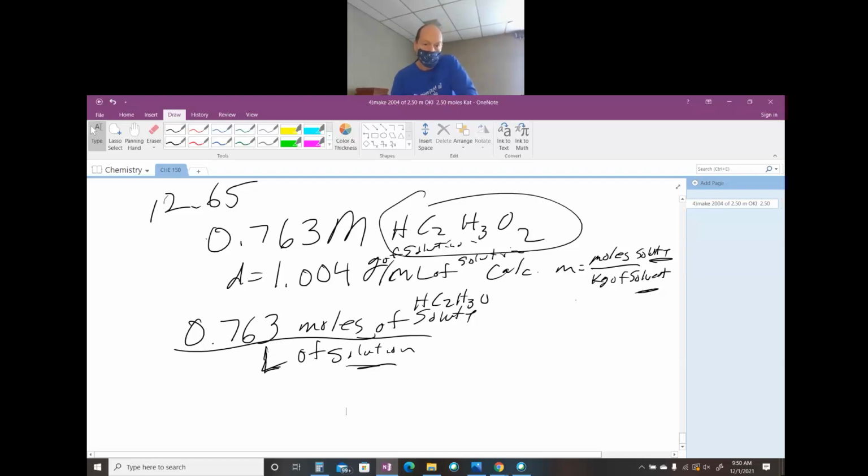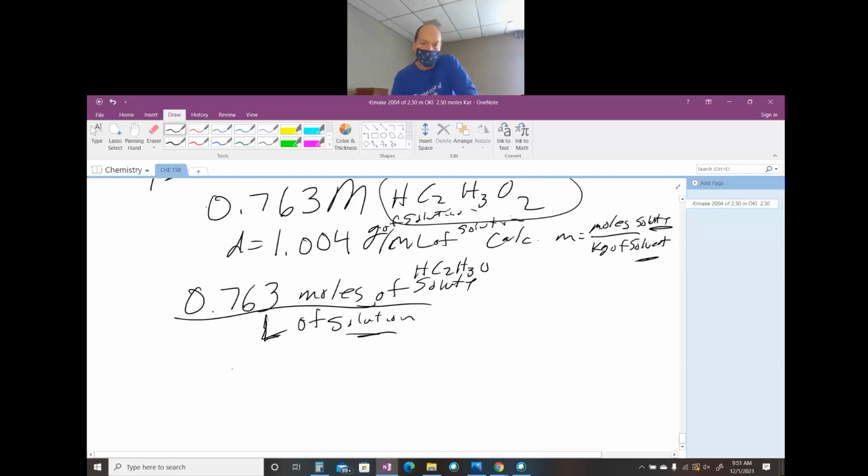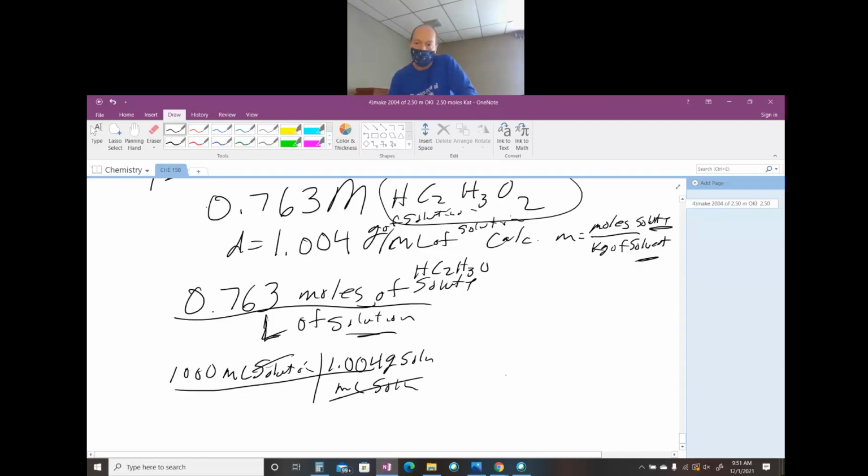So we have 1 liter of solution, which is 1,000 milliliters of solution. And we now know that we have 1.004 grams of solution per milliliter of solution. And so now we know that we have 1,004 grams of solution.